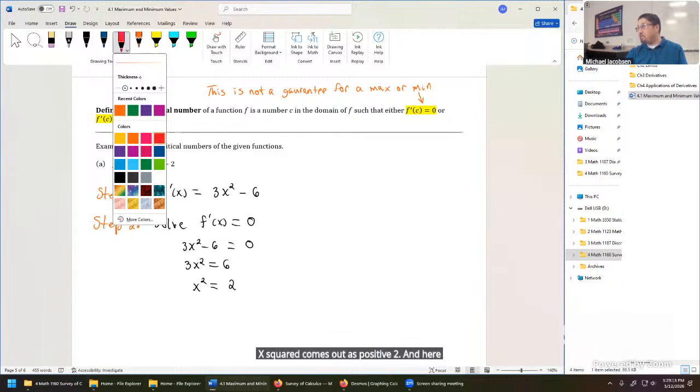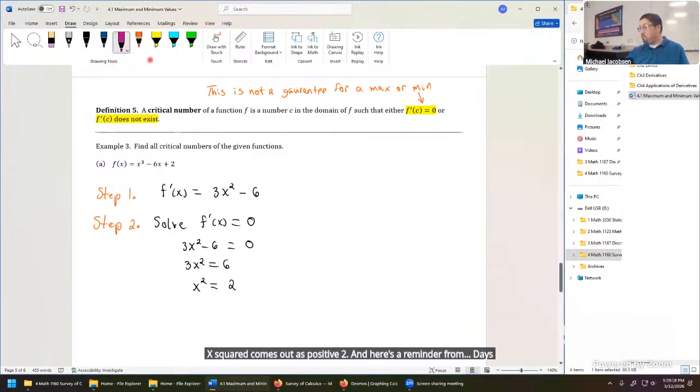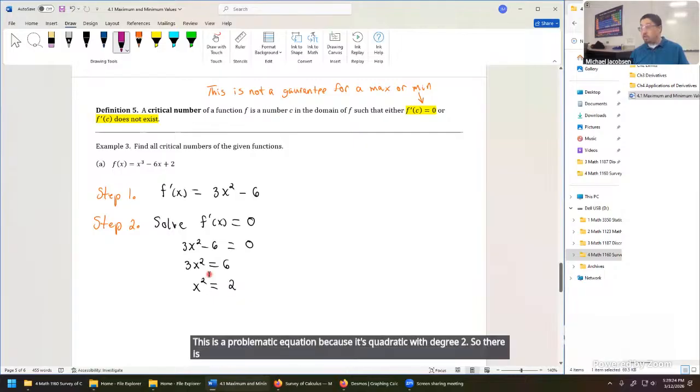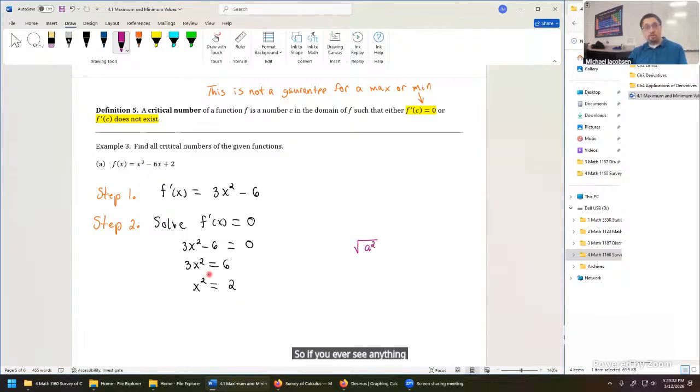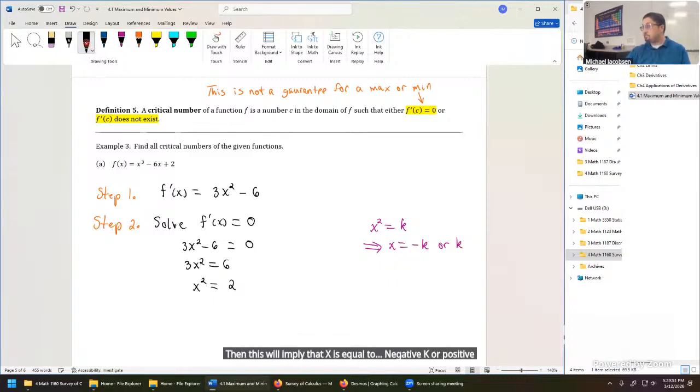And here's a reminder from days before in algebra. This is a problematic equation because it's quadratic with degree 2. So there's at most 2 solutions for a degree 2 equation. And this one has, in fact, exactly 2 solutions. So if you have anything along these lines, x squared equals k, then this will imply that x is equal to negative square root of k or positive square root of k.